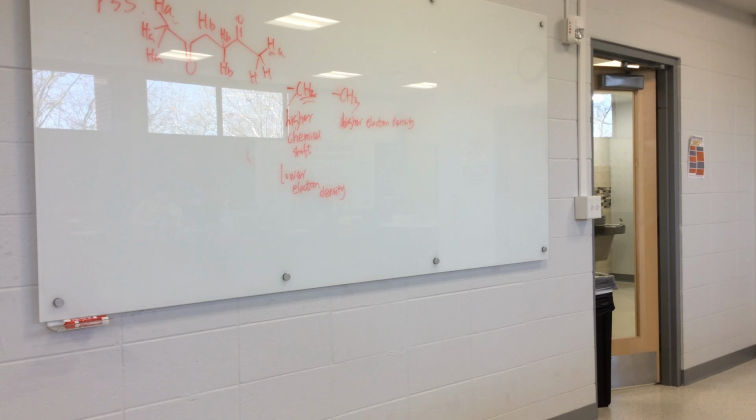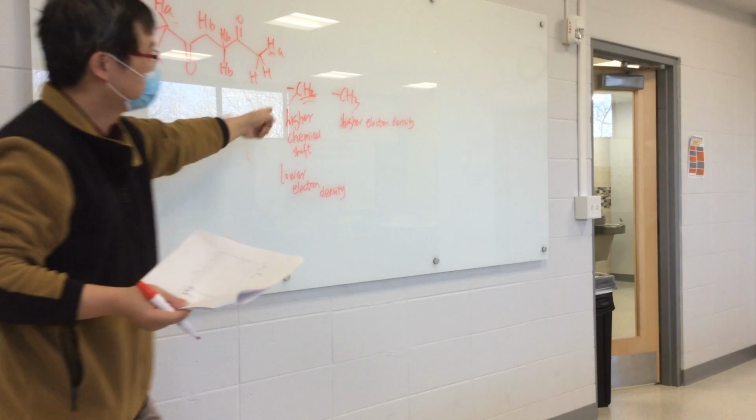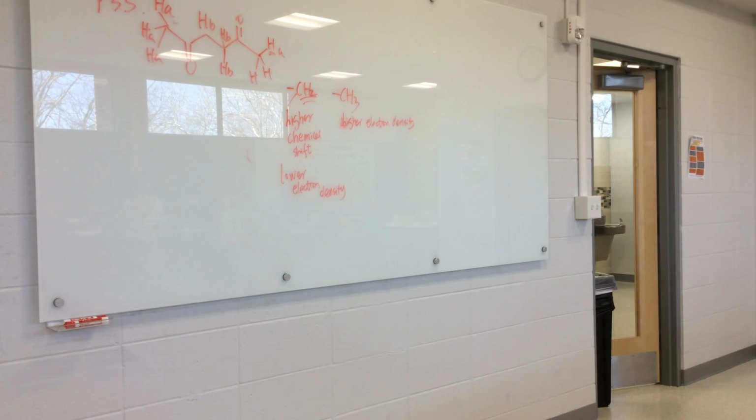So you can see that C and D are equally close, right, to oxygen. But then we go back to this. There are only two hydrogen here. Two hydrogen here. There are three hydrogen here, right?